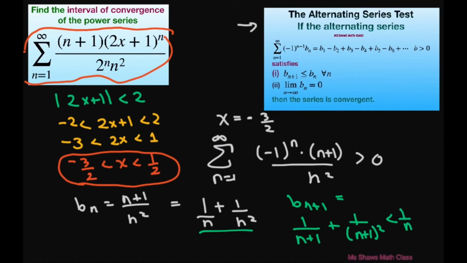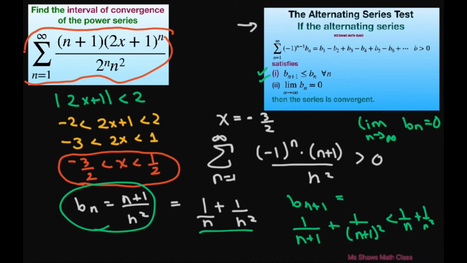So it is decreasing, and our limit is 0. So the limit as n approaches infinity of our b sub n equals 0. So it satisfies this, so this is convergent at x equals, what was it, negative 3/2.